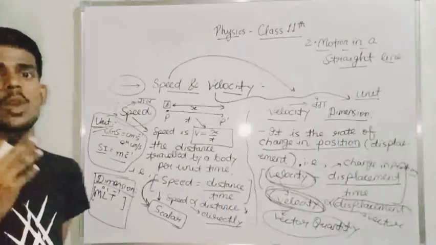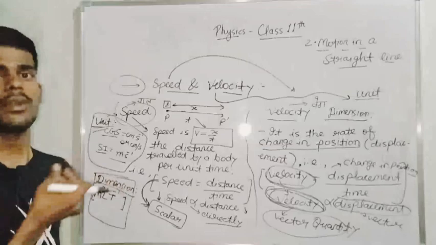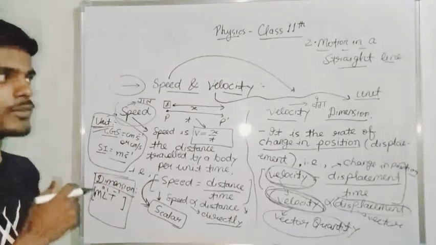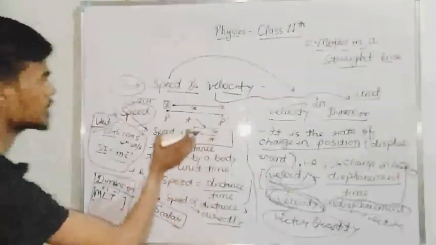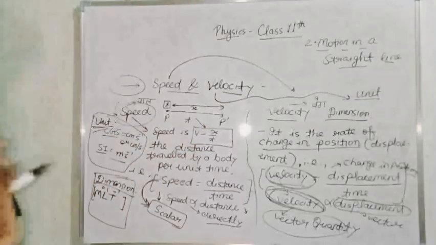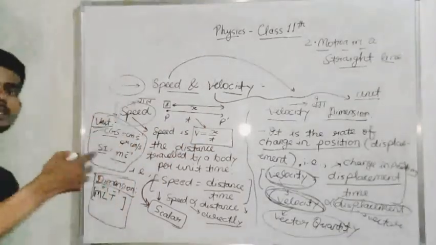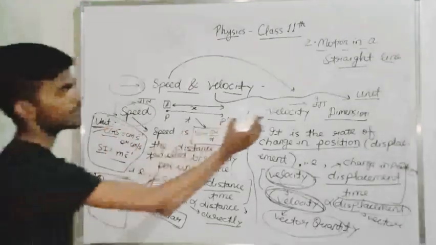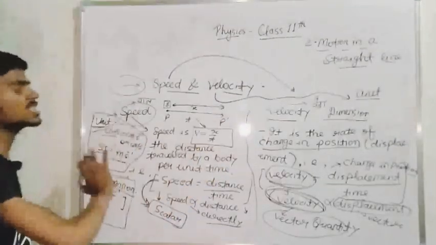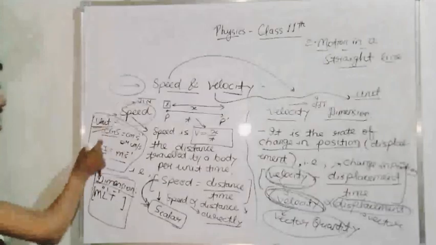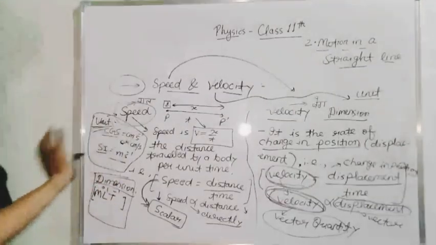They only give us the quantities used to define our physical quantity. Speed and velocity have only one difference: they differ in direction. Speed is a scalar and velocity is a vector.